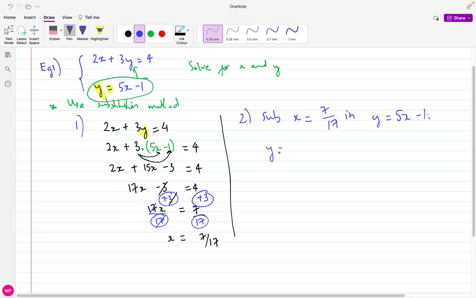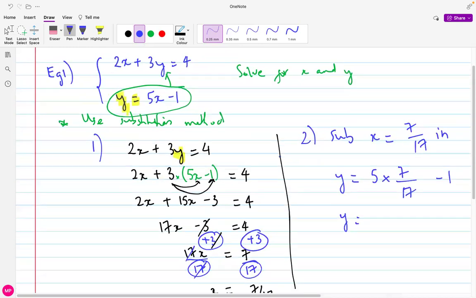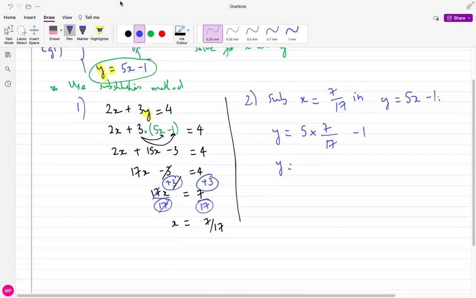So we have y equals 5 times 7 over 17, minus 1. When you're dealing with fractions, you make 5 into 5 over 1, and then you times the fractions together. 5 times 7 is 35, 1 times 17 is 17, minus 1. Now if you want to take away the fraction, you make 1 into 1 over 1, and then make them the same denominator, which is 17.